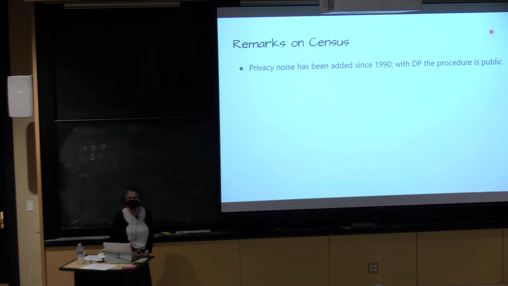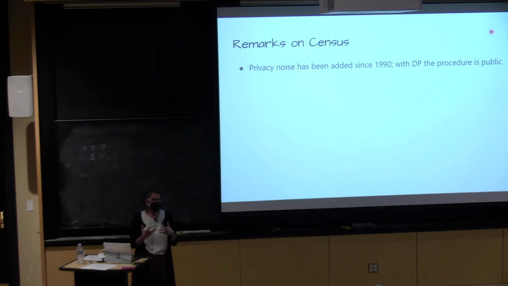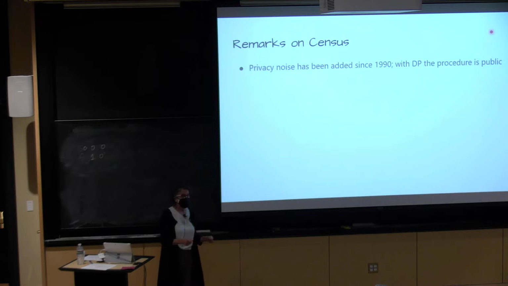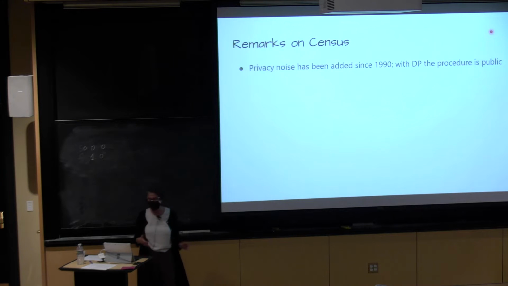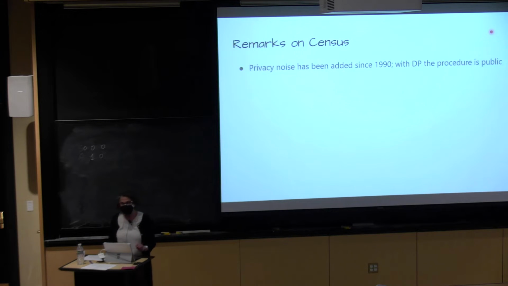Privacy noise has actually been added since 1990. So in differential privacy, the Bureau said, we're adding noise, and this is how we're doing it, and here's our algorithm, and you can look at it. So with differential privacy, the entire methodology is public. Only the actual random values that are drawn from the distributions are kept hidden.